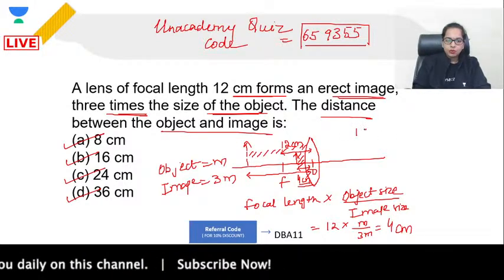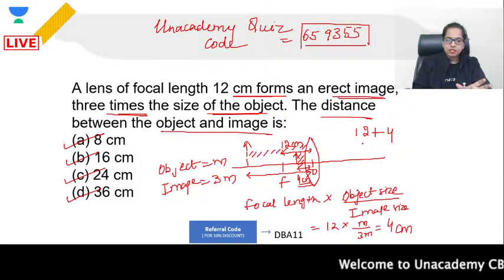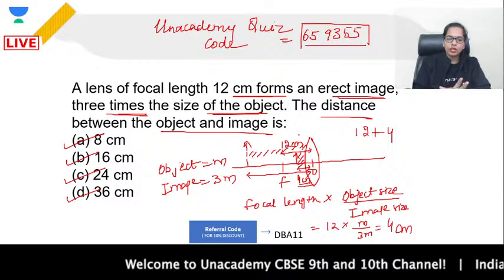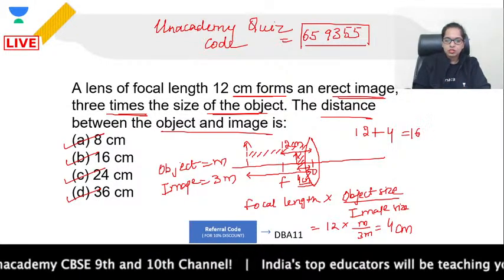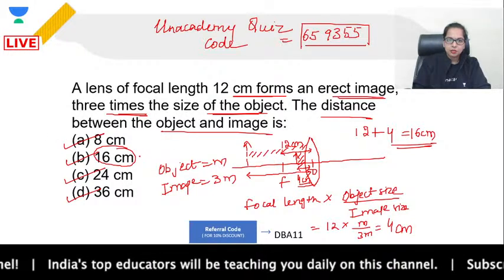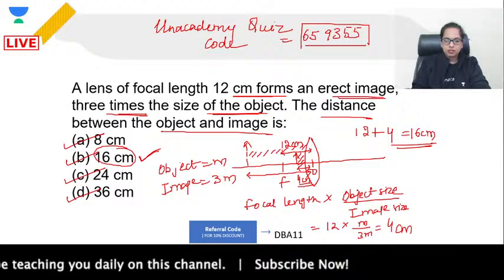So 12 plus 4, that is the focal length. Distance between object and the lens will be what? It is nothing but the focal length of the lens, that is 12 centimeters. So 12 plus 4 equals 16 centimeters. So here the right answer will be what? 16 centimeters. Did everyone understand? 16 will be the correct answer.